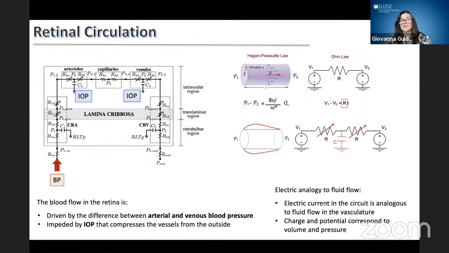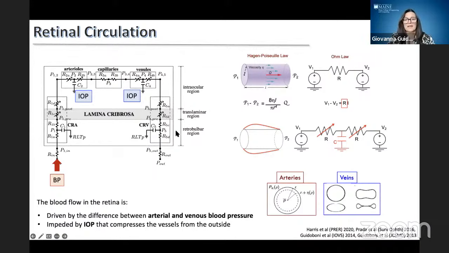When the vessels are deformable, like we have in our case of blood vessels, then it means that the radius changes, so the resistance changes. And also we can accumulate volume, which is the analogous of charge. And so we have a capacitor. And so that is how the model is built.